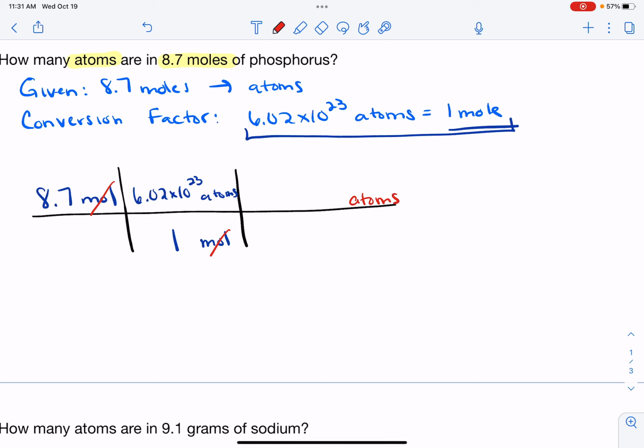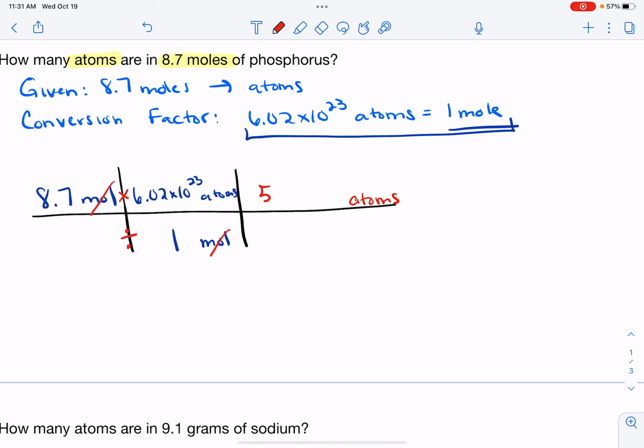And so I'm going to multiply across the top and divide by the bottom. Now, the only tricky part here is that you want to make sure you're using parentheses appropriately. So in my calculator, I'm putting 8.7 times parentheses 6.02, the exponent key, 23, close your parentheses, divided by 1.